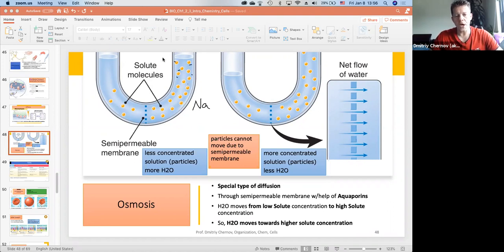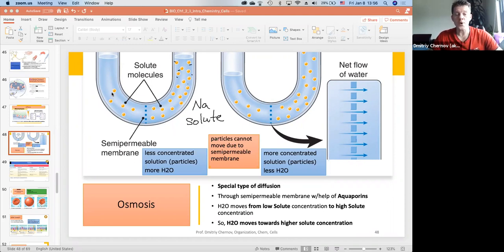So you see at the beginning, there's an equal amount of water on both sides of the compartment. If for some reason on this side there is accumulation of particular molecules, or you can call them solute, right? In the previous cliff notes, we defined what the solute is.